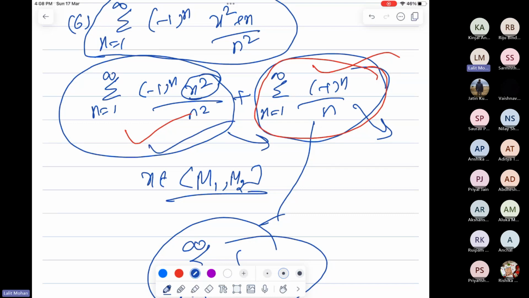And what about this? Now we are not taking the absolute value. We are just discussing this series, n equal to 1 to infinity, minus 1 to the power n upon n. This series is convergent or divergent? In MTL100, you read this thing.